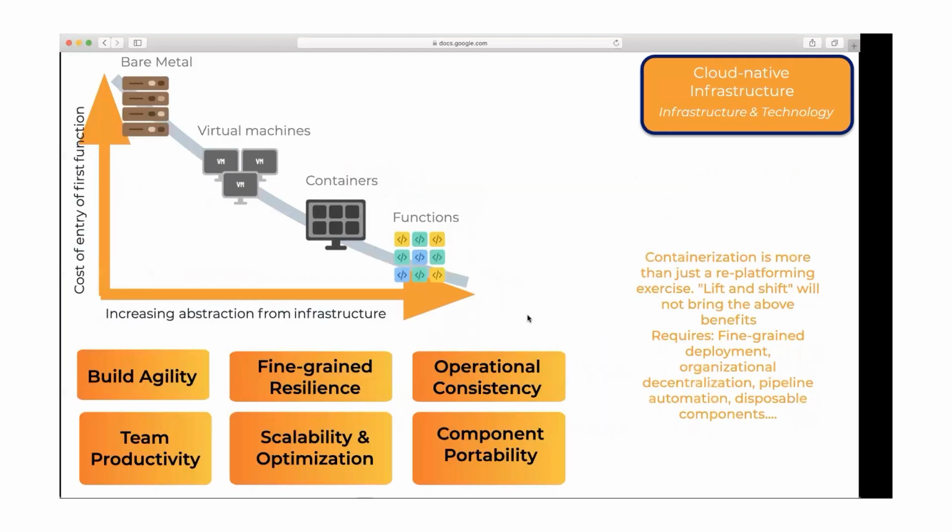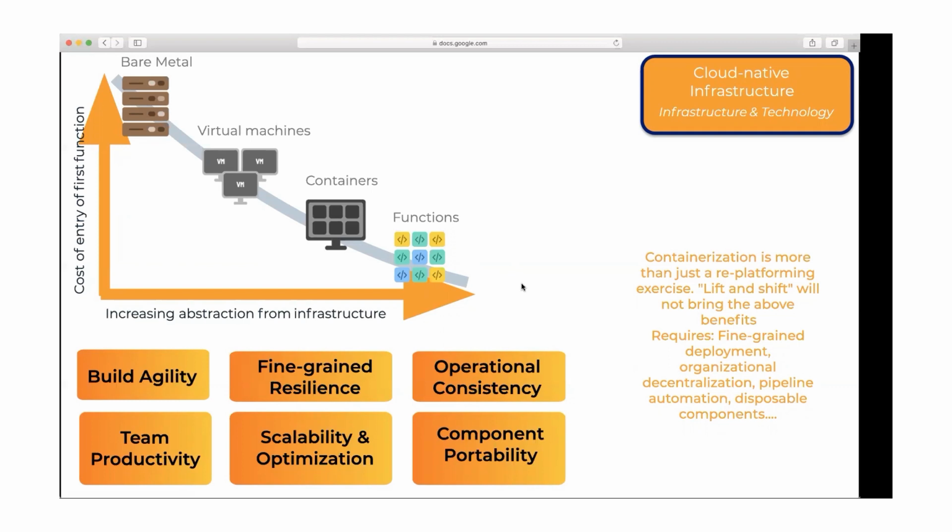And then, talking about the cloud native infrastructure and what it is about, if you look at this diagram, things have been moving from bare metal to virtual machines to containers to functions, so you're increasing the abstraction from the infrastructure. The containerization is more than just a re-platforming exercise. Lift and shift will not bring the benefits.